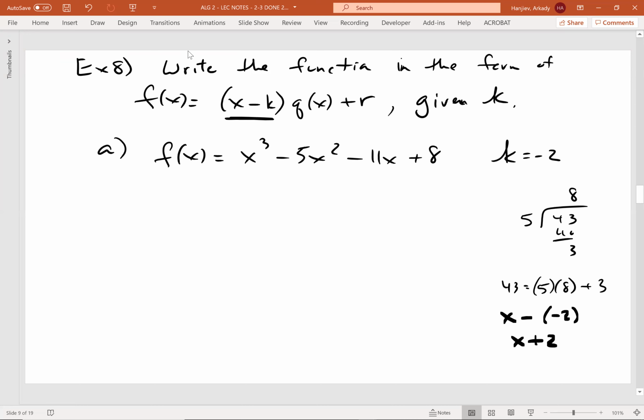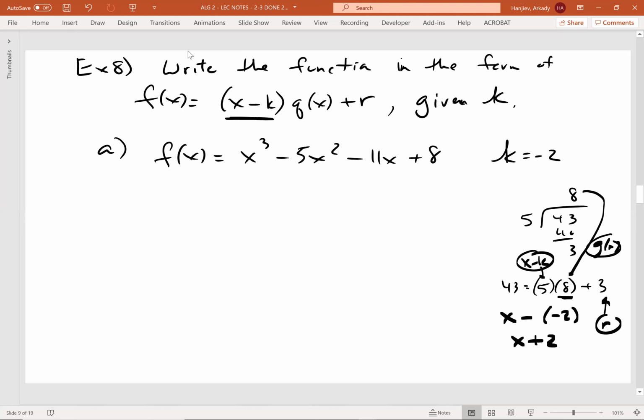We're good? What does the Q represent? Q is your quotient. It's what's on top. This guy's your Q value, which you got after you divided. And the x minus k is your divisor, what you're dividing by. And then the 3 is your remainder. So there are all the different parts in terms of pre-algebra.